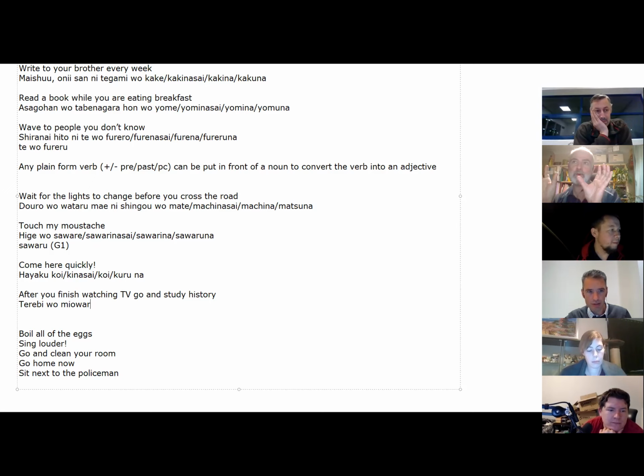So do you remember the rule about what to do with the verb, depending on whether you say mae or ato? Something happens to the verb, depending on whether you choose mae before or ato after. Should it be in the past tense? Yeah, that's the right answer. So terebi o mi-owatta ato de. Good.